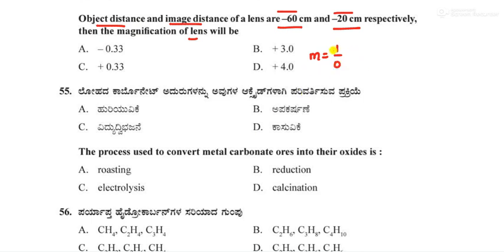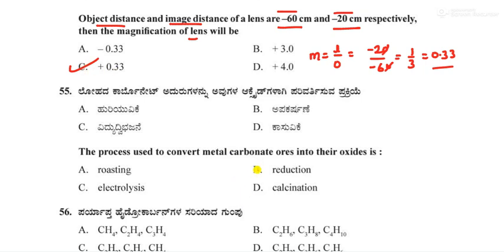You can remember like this: I by O, or sometimes in books they have written V by U. The main thing is image distance by object distance. So image distance given here is minus 20 and object distance given is minus 60. When we solve this, we get 1 by 3, which they have not given, but we get 0.33, and it is positive. So option number C is correct.